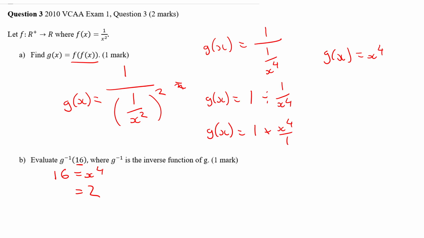The other option is I could make the inverse, so switch my x's and y's around. If I'm looking for the inverse of g of x, it would be x is equal to y to the power of 4. My x value I'm substituting in is 16, so 16 is equal to y to the power of 4.